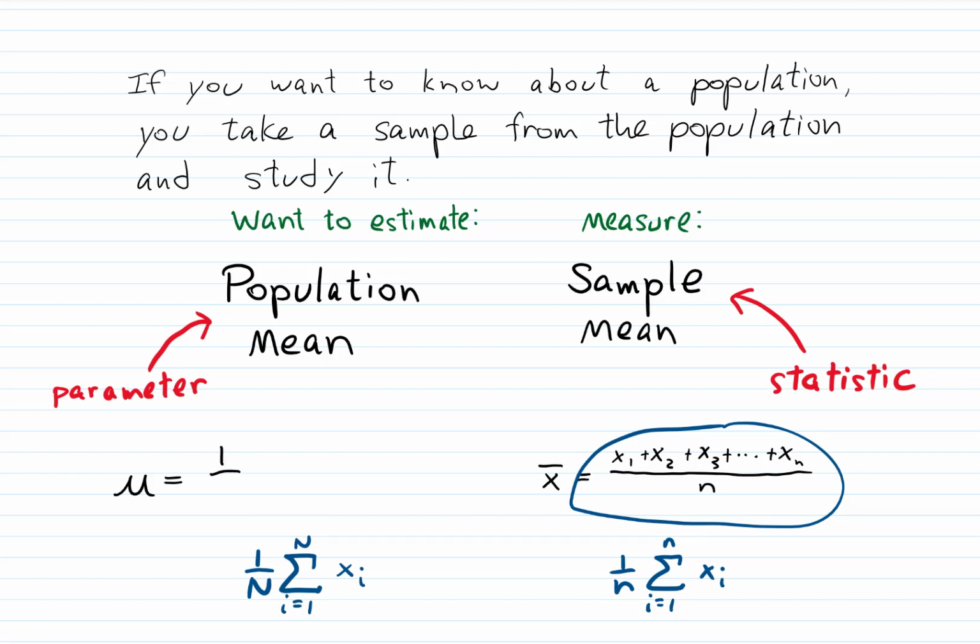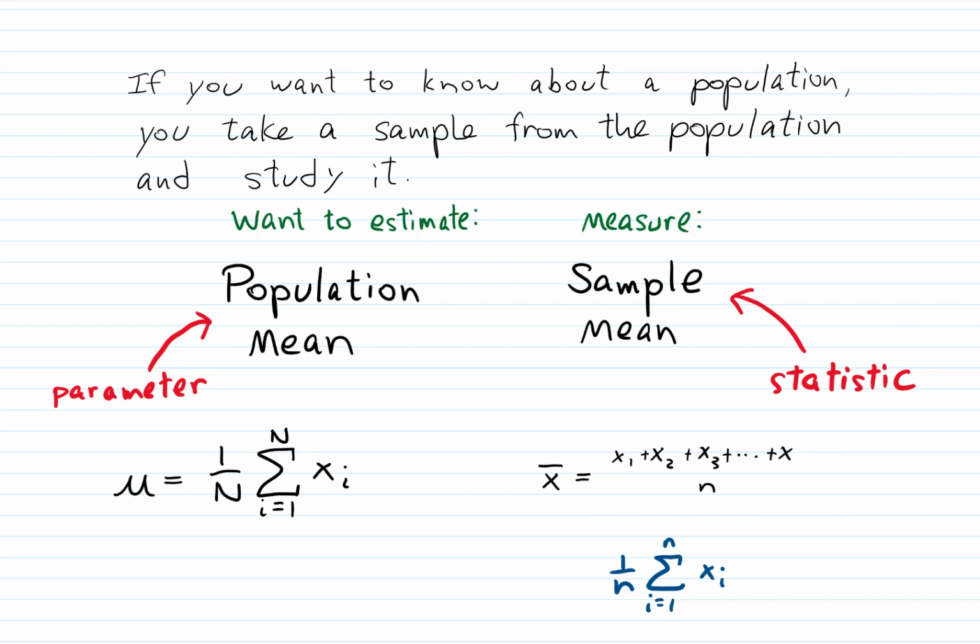The population mean, where capital N is the number of people in the population, is the thing you would like to know, but you can't measure it directly because there are too many people. So instead you take a sample, and you can measure the sample mean.